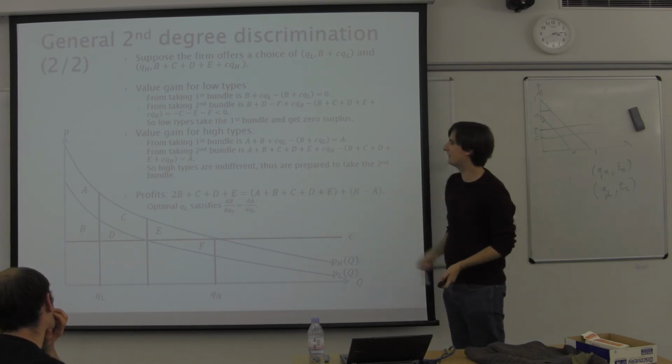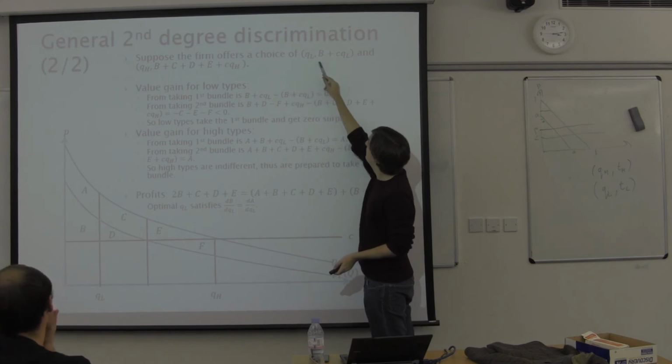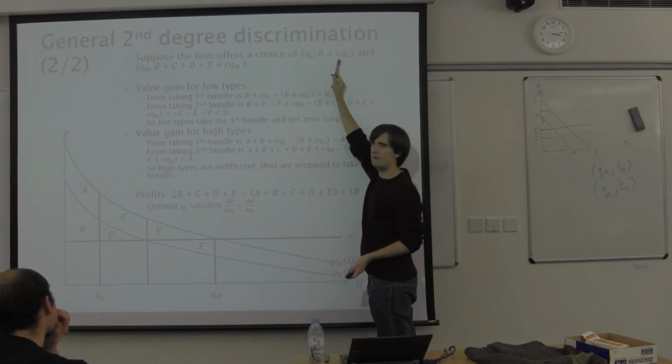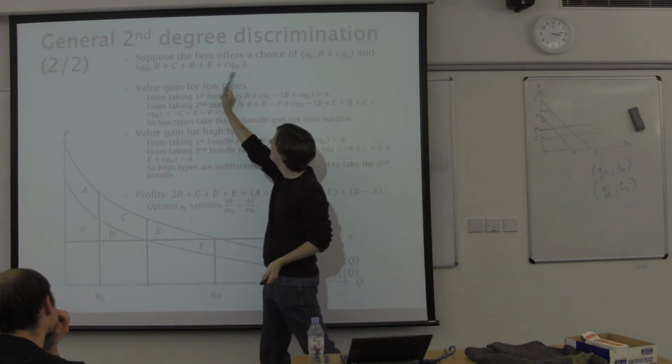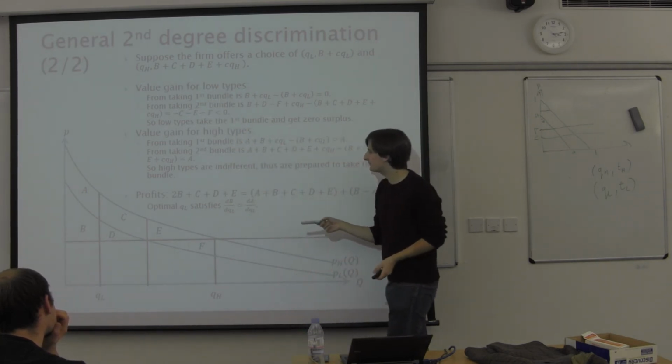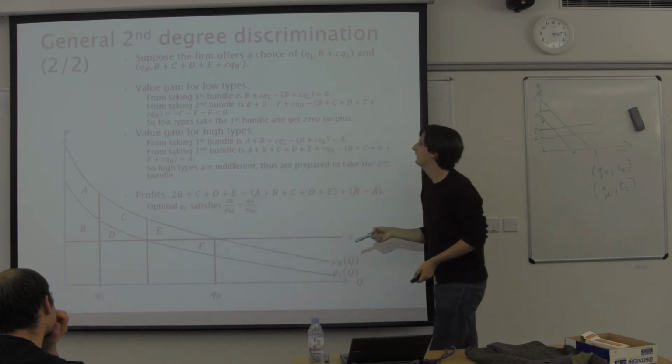What are firm profits going to look like? Well, the firm's total profits are going to be the price that the low value consumers are paying plus the price that the high value consumers are paying, minus their cost of production.